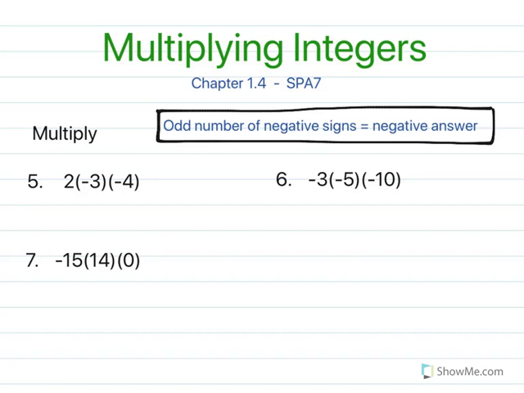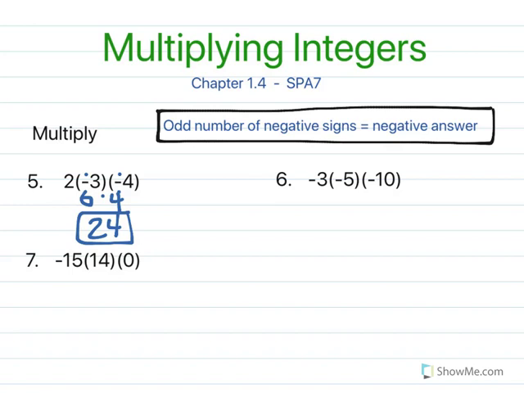Again, I'm going to ignore the negative sign to begin with. So 2 times 3 is 6, and 6 times 4 is 24. Okay? And then I see I have 1, 2 negative signs, and that's even. Therefore, it stays the same, and the answer is 24.